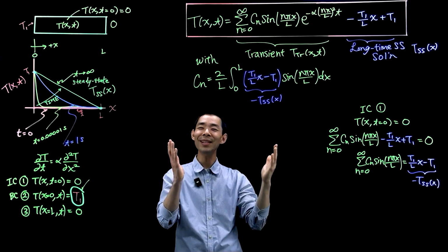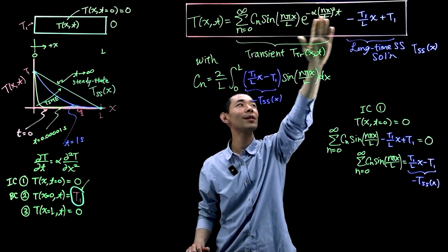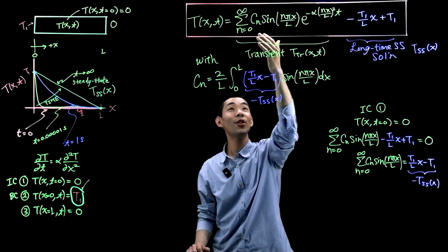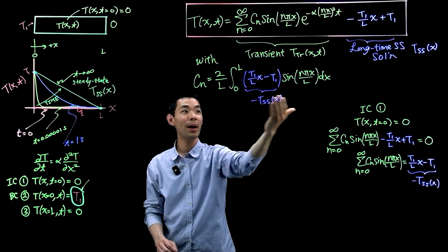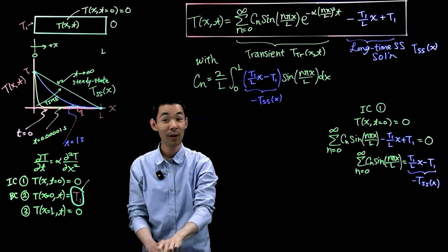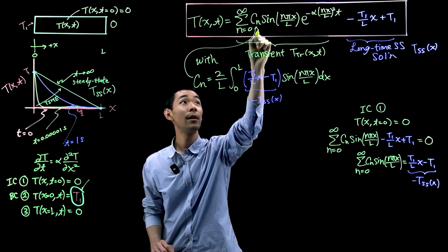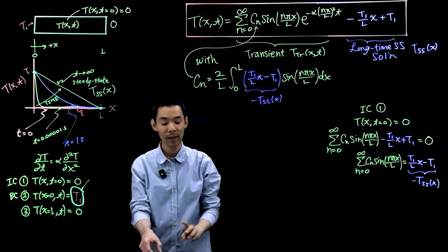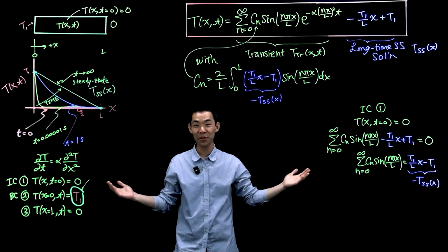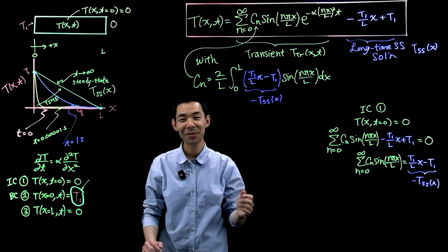So we are done. We have the temperature profile, which is equal to this long, ugly thing, and your coefficient c sub n is given by this integral for each index n. So ultimately, you would plug into your c sub n and do those summations, just like you would do for any Fourier series, and there's your solution.